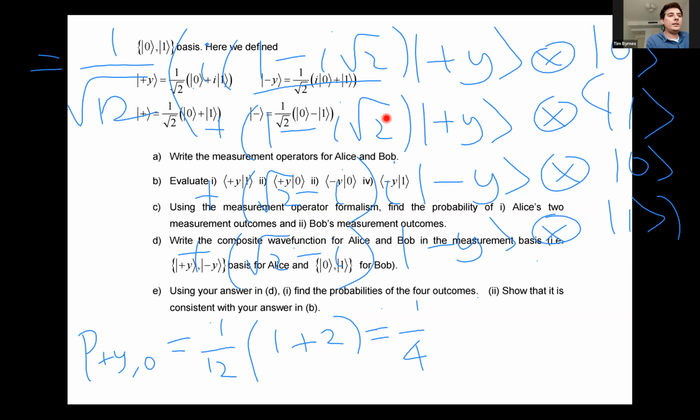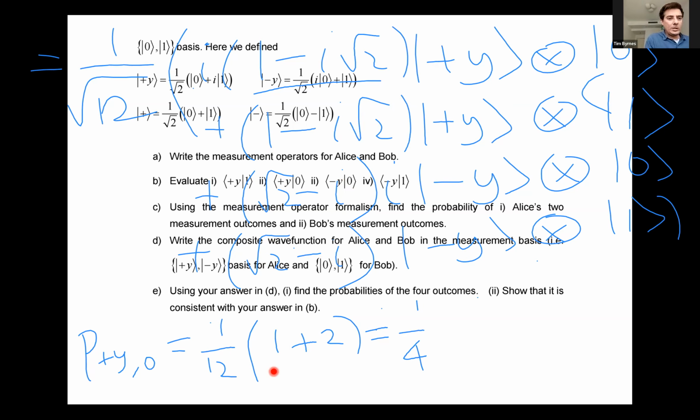This one modulus squared is 2. So it's 1 plus 2. This one will also be 2 and 1. Modulus of i is 1. Modulus of minus i is also 1. So all these terms, basically it'll be a quarter, 3 over 12. 3 over 12 is a quarter.